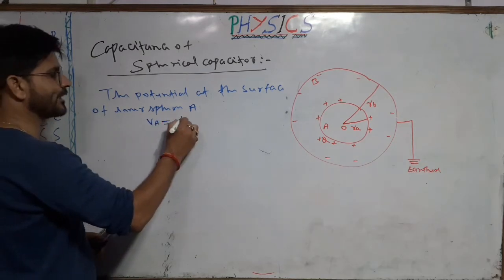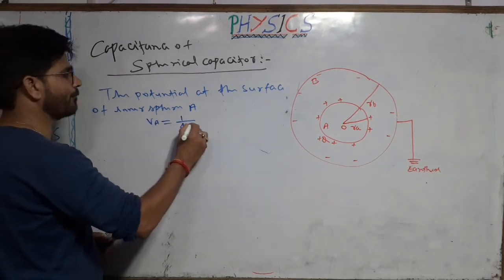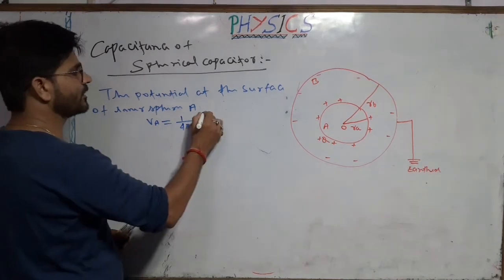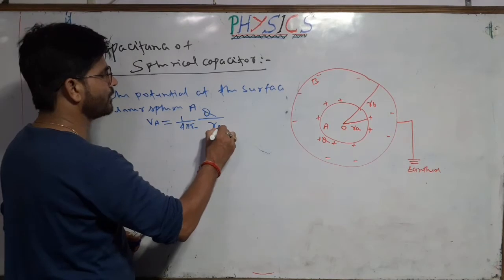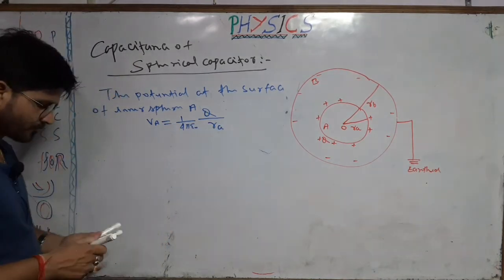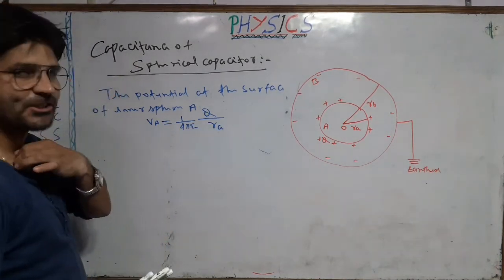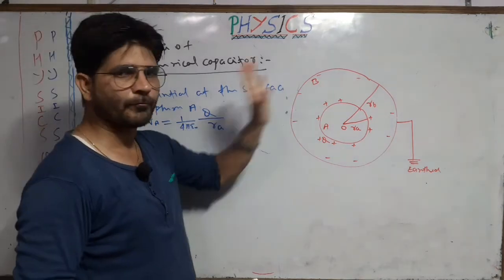This can be written according to the formula as 1 upon 4 pi epsilon naught, the charge given is Q, and the radius of this sphere is Ra.